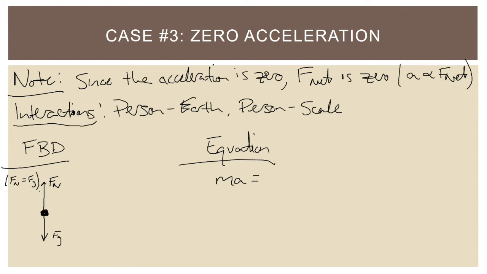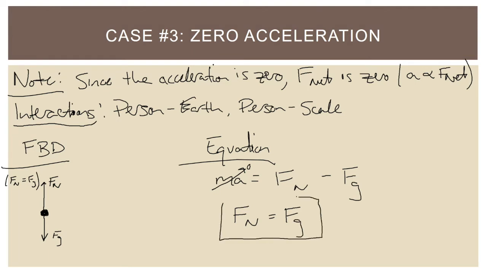And so if the acceleration is up, we take the forces in the direction of the acceleration, the normal force, minus the forces opposite the direction, which in this case is Fg. But it doesn't really matter which direction you assume, because either way, when you acknowledge that the acceleration is zero, thus making the whole ma term go to zero, what you end up with is just that these two forces are equal. And that's it.